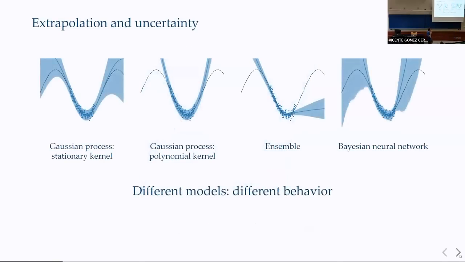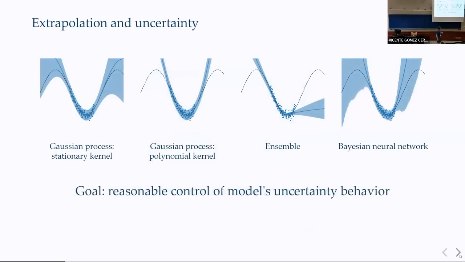The point, again, is that different models among the kinds of models that we considered have different behavior. And as a result, at least the goal within the research area of probabilistic modeling is to understand how we control how our model is going to behave in terms of uncertainty. Of course, we're not going to get complete control over that goal. It's a research goal. There's a lot of active work, as we're going to try to convince you in this tutorial.